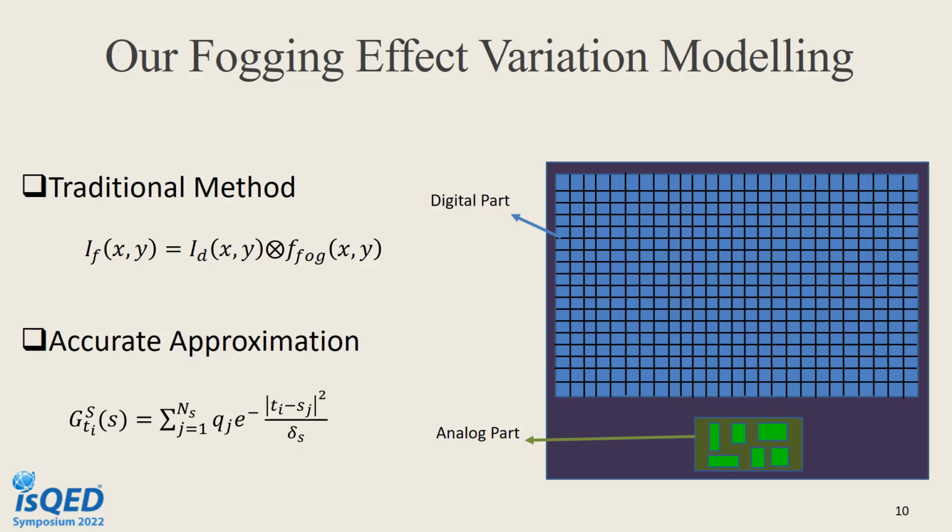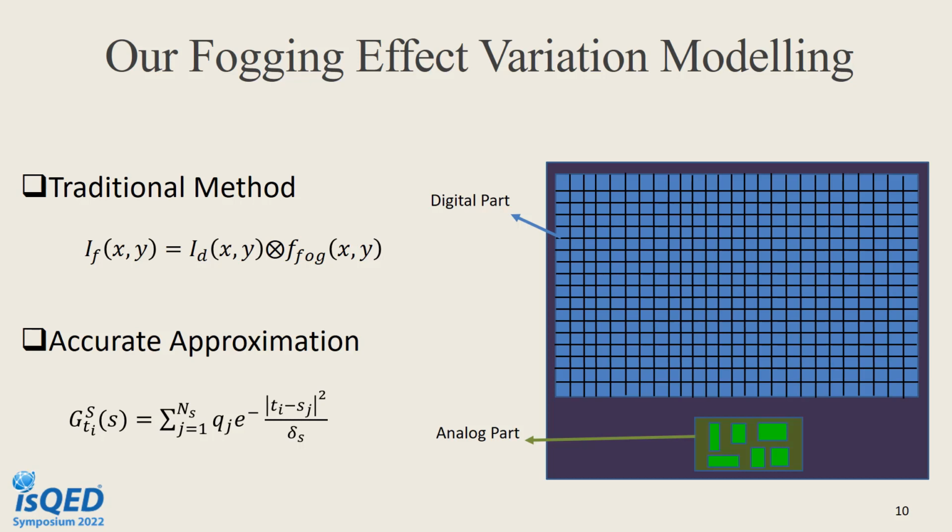So we need to calculate the fogging effect at each point of the analog part if we want to minimize it. If we use the traditional method, that is a convolution between the PSF of the fogging effect and the pattern density map of our chip.